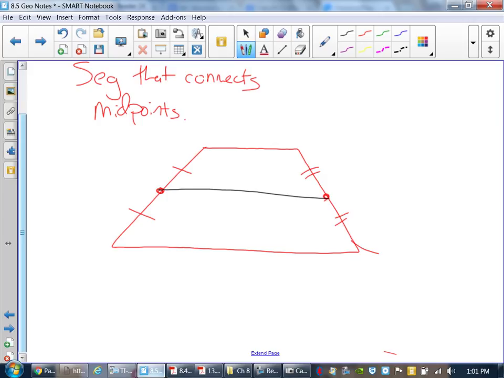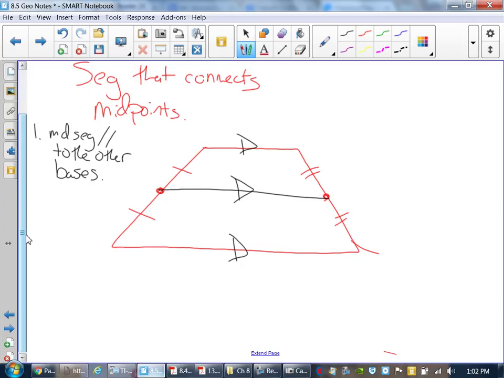In a trapezoid, if you're connecting the midpoints of the sides, that means it has to be parallel to the other two bases, we'll call them. The mid segment will be parallel to the other two bases.